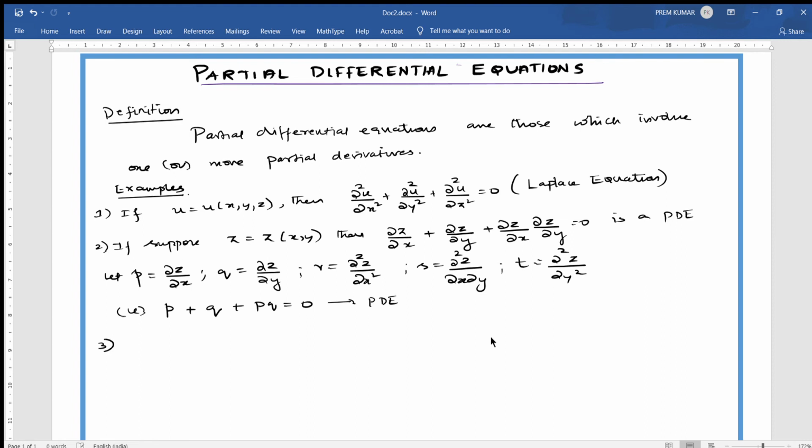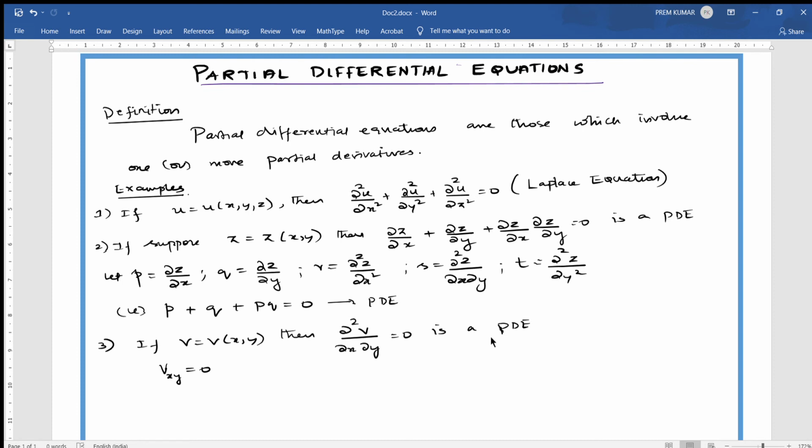One more example: suppose v is a function of two variables x and y, then ∂²v/∂x∂y = 0 is also a PDE. Sometimes this can be written as v_xy = 0, a simplified version of partial derivatives.